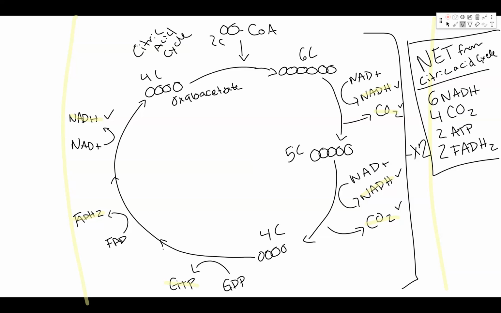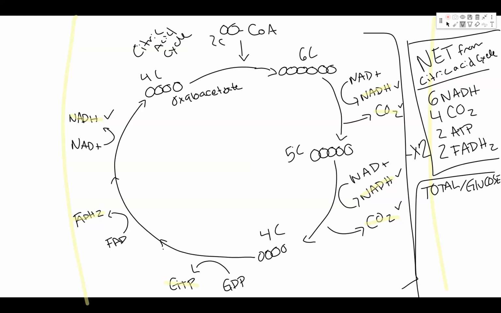All right. So, add it up all together. Ready? So, our total per glucose, we've got 2 NADHs from glycolysis.